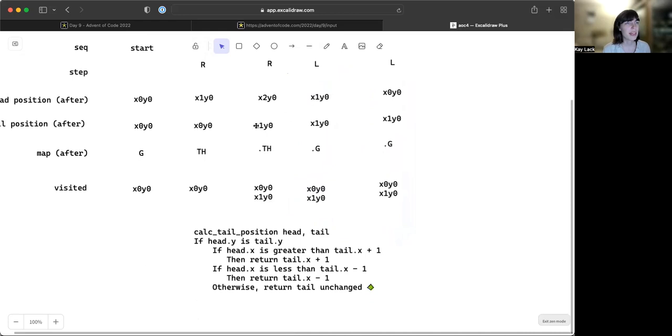So is 1 greater than 2? No. If head x is less than tail x minus 1, is head x less than tail x minus 1? Is 1 less than 0? No.